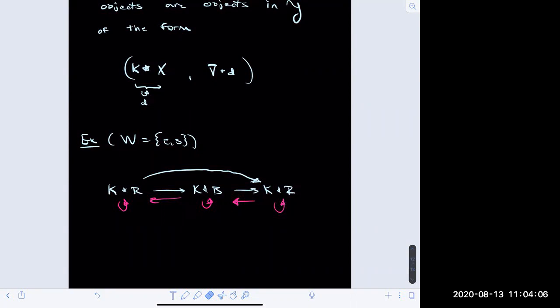So you should think of an object of LM as a complex constructed from pieces that look like a Koszul complex tensor a Soergel bimodule. And so entries of the differential of such an object are like morphisms in the category of Soergel bimodules, but with coefficients in lambda.